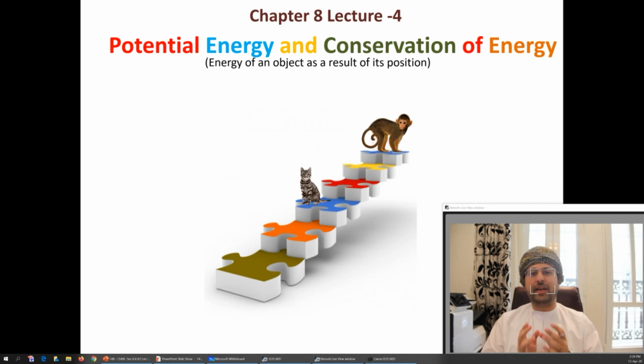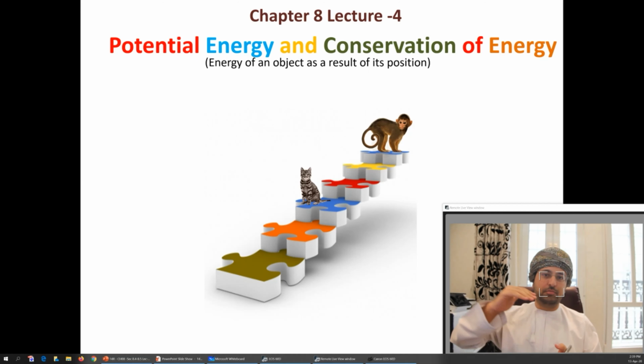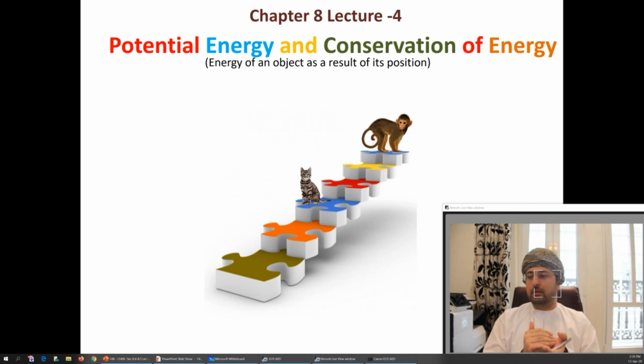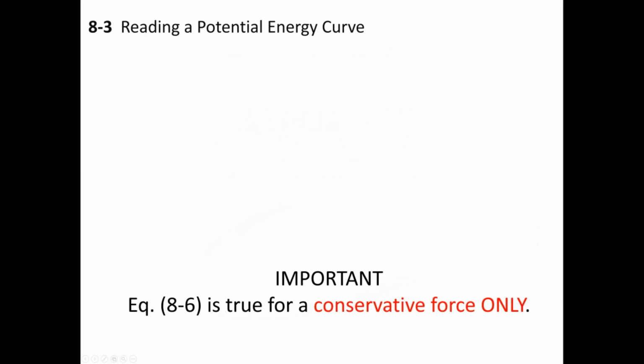The mere fact that it is at a certain position, whether it be because of gravity, so it's not at zero level, or because of something like a rubber band, so this is your natural position. If you start stretching, it will end up having some stored energy. And conservation of energy. So let's move on.